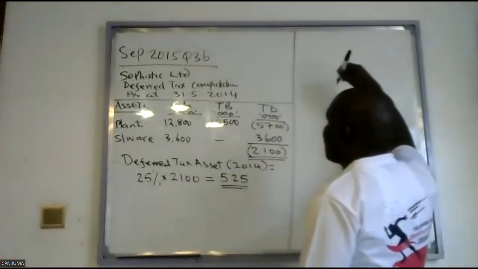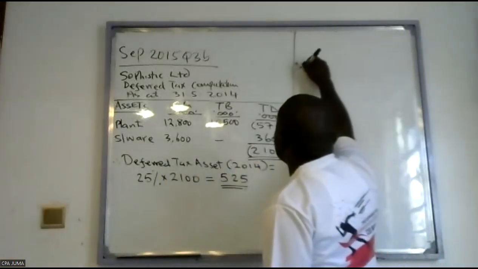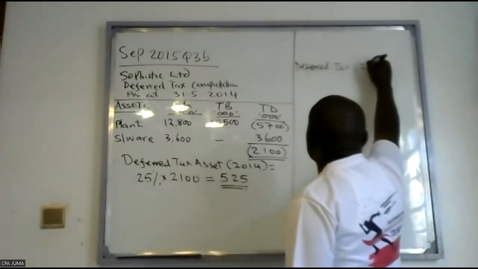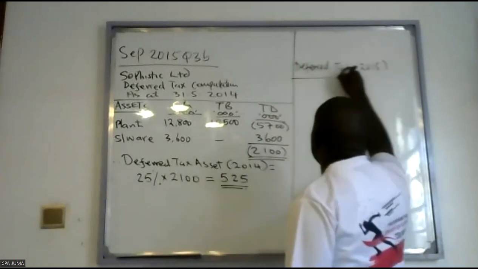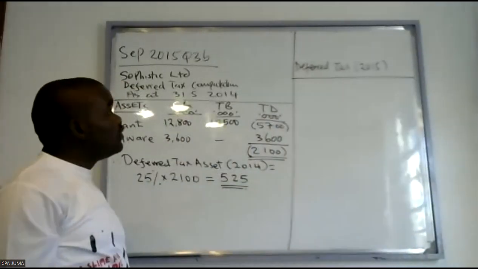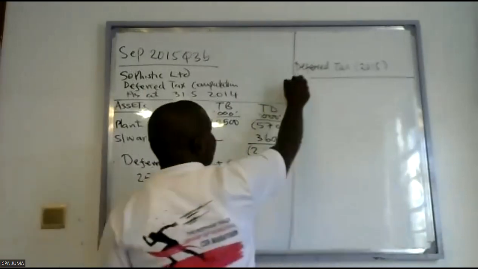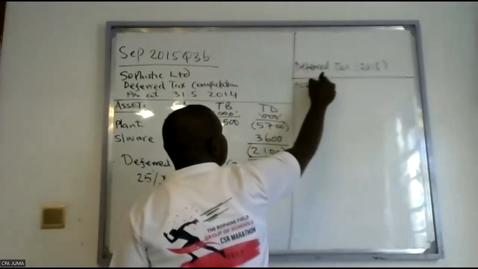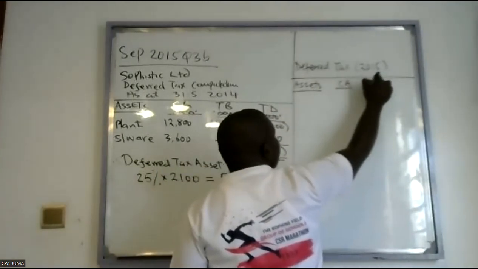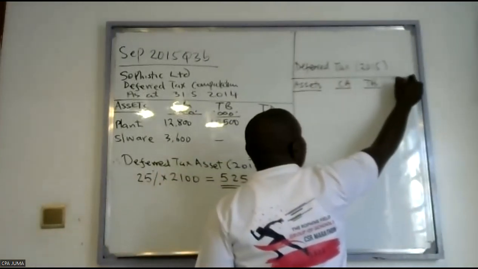Deferred tax 2015. This one was not required, it is a working. They want the account, so this one is just a working. For 2015, I will also bring the assets, the carrying amount, the tax base, and the temporary differences.